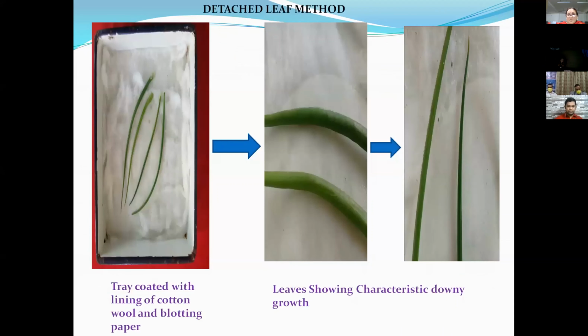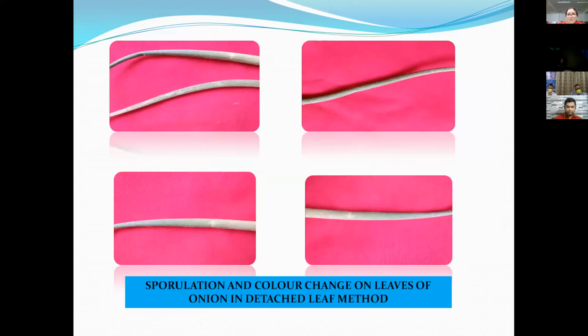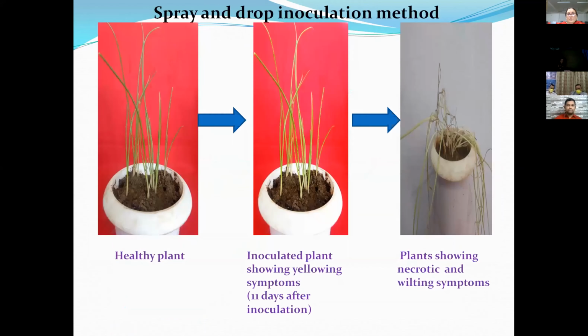These are the methods which we followed because they require humidity, wool and blotting paper, used with the cotton swab cloth, wetted every time. And these are the characteristic symptoms we have seen of the downy mildew.